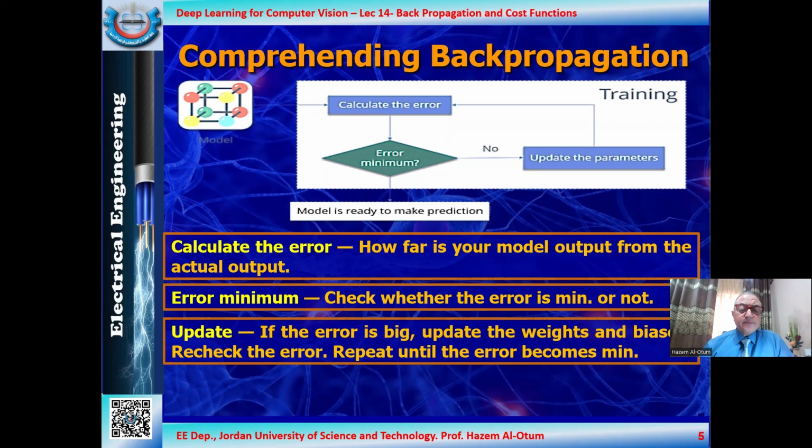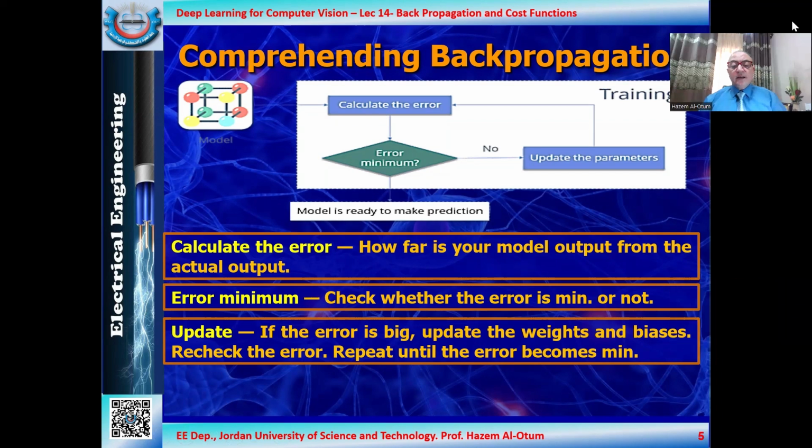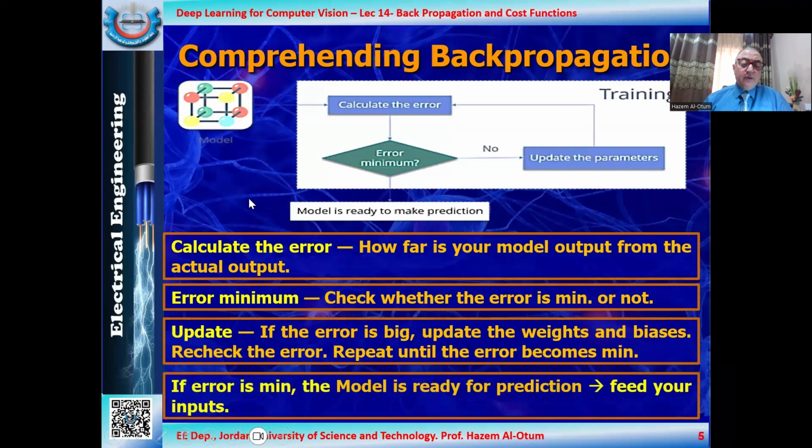If the error is big, you need to update the weights and biases and recheck the error again and again until you reach the desired minimum value of this error. Now, if the error is minimum, the model is ready for production, and you can now feed in your inputs from the testing data set.